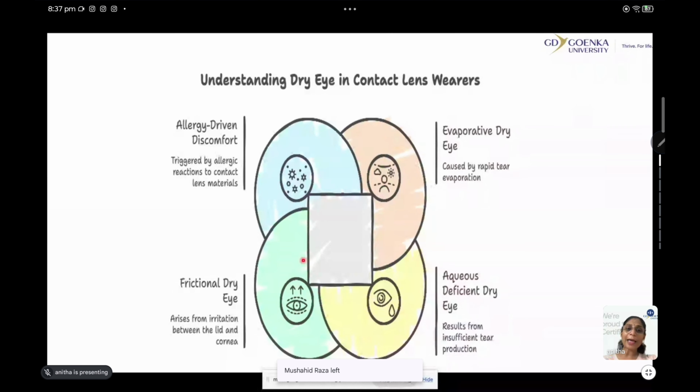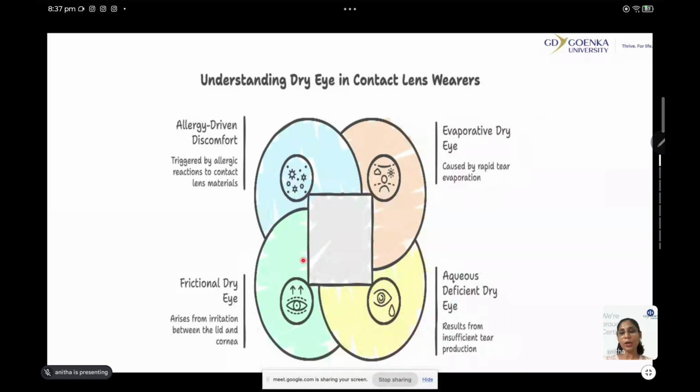And then there is allergy-driven discomfort. This is because of allergic reactions either to the solution or to the contact lens materials per se. So again, you need to identify what is causing this discomfort. You cannot really club everything together. If you have to manage something, you need to identify what is causing the discomfort.